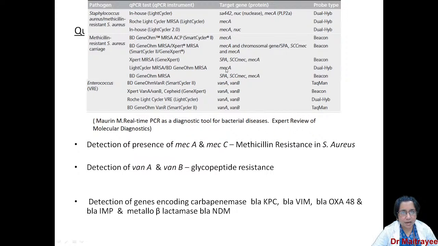And these are the various target genes which are amplified, and the probe types used are as shown here. In addition, genes encoding carbapenemases like BLA, KPC, VIM, OXA48, AIIMS, and metallo-beta-lactamase can also be detected via qPCR.